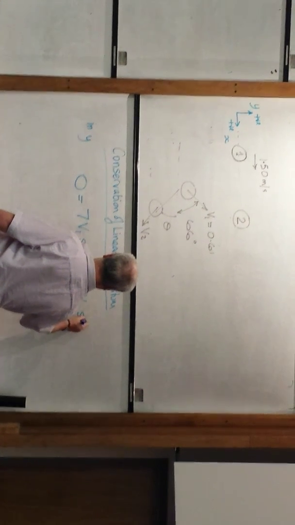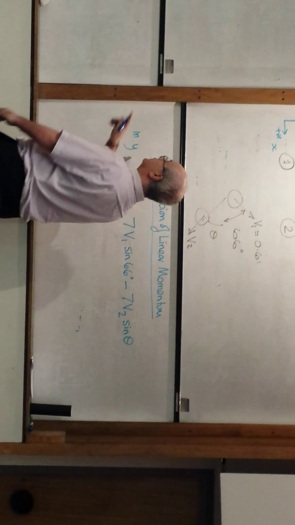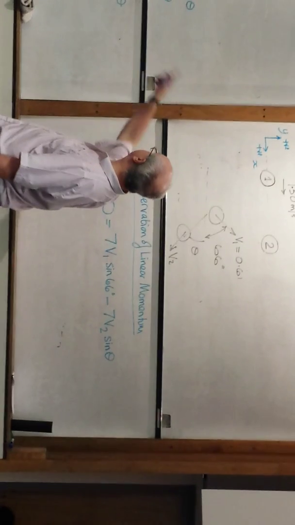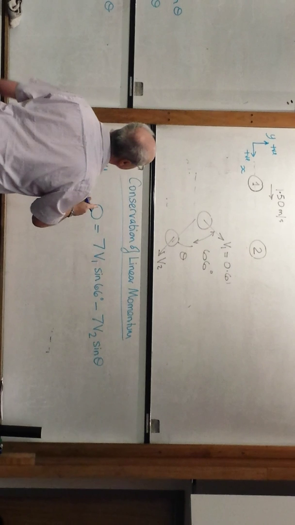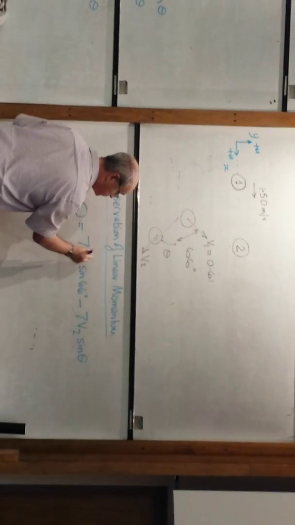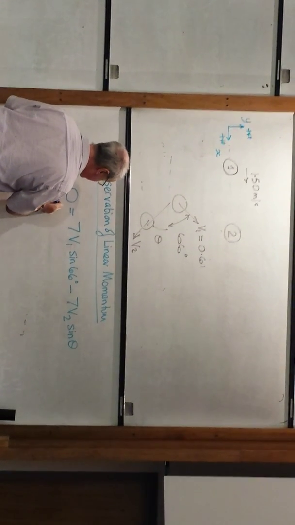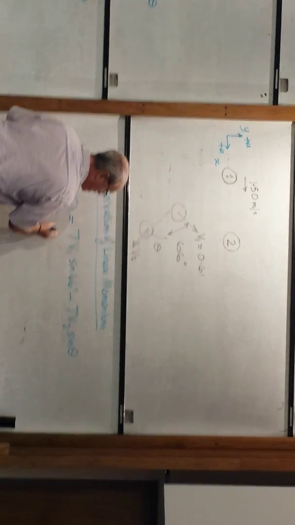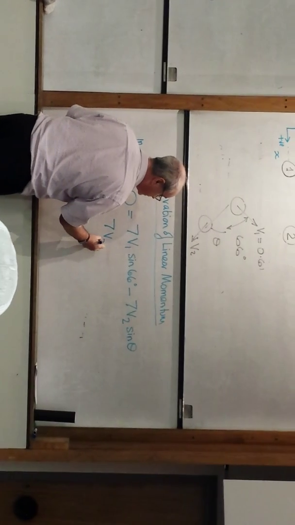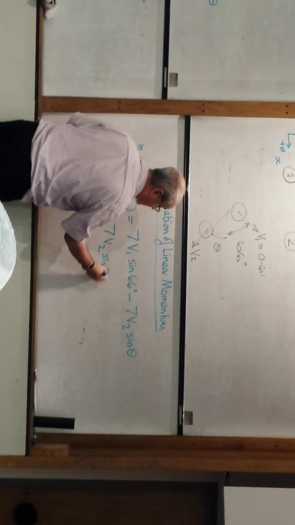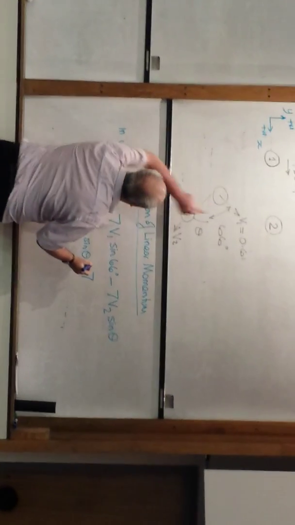7 v2 sine theta. Oh, v1, I knew v1, didn't I? No, I don't know v1, sorry. I do. 0.61. That is 0.61. So I can say, therefore, 7 v2 sine theta is 7 v1, which is this 0.61, multiplied by sine 66 degrees.